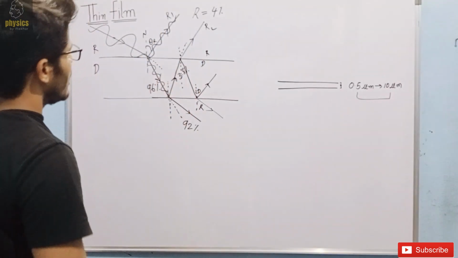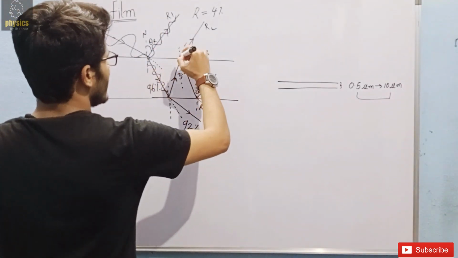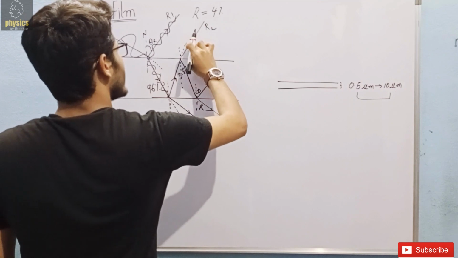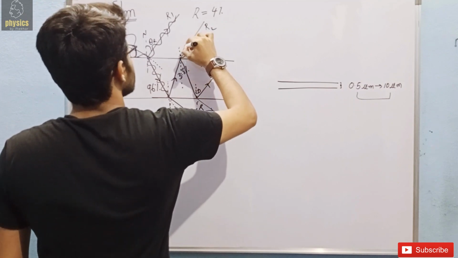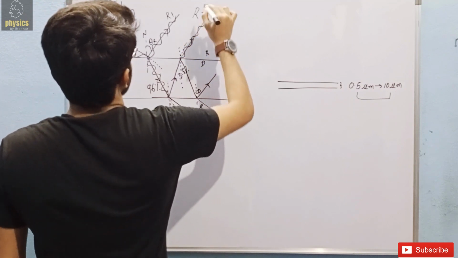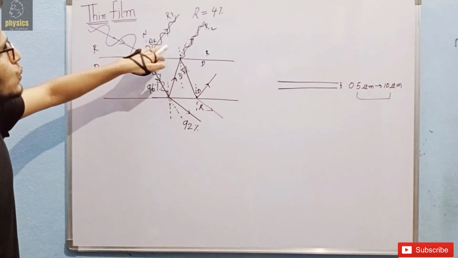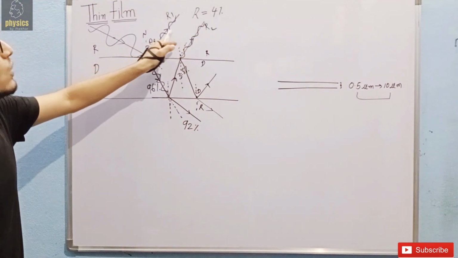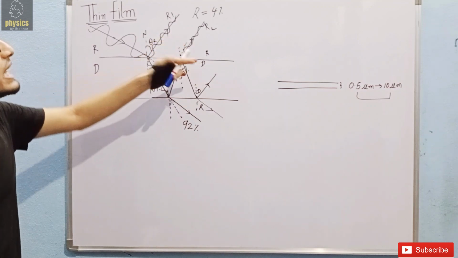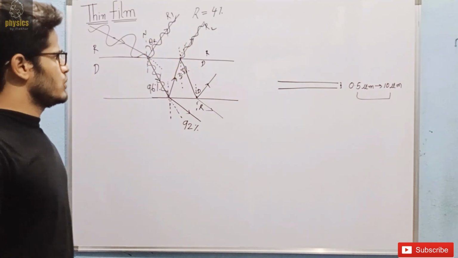Okay, so now this reflected light ray will also have some amplitude with it. These two reflected light rays will have almost equal amplitude.